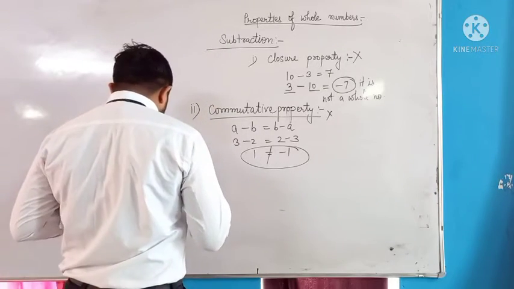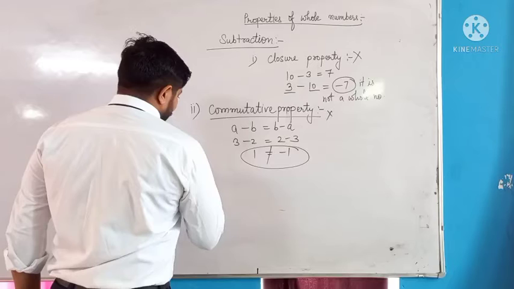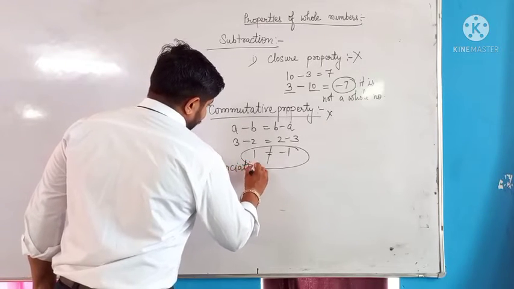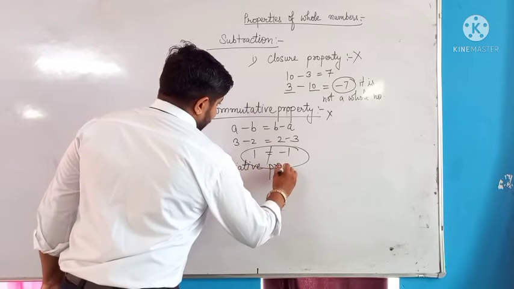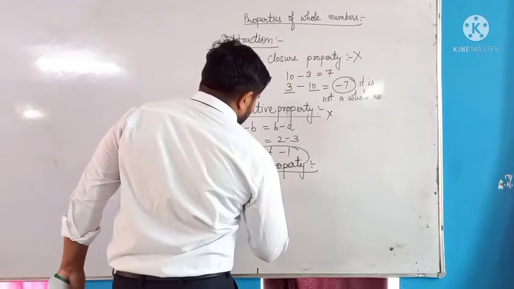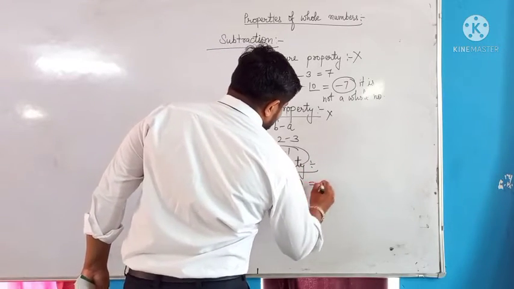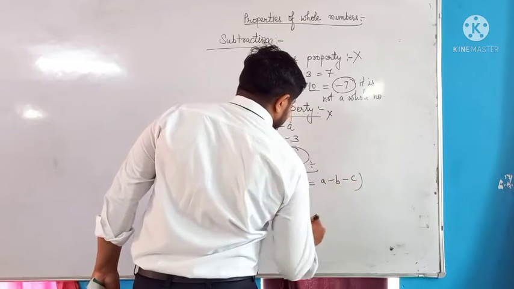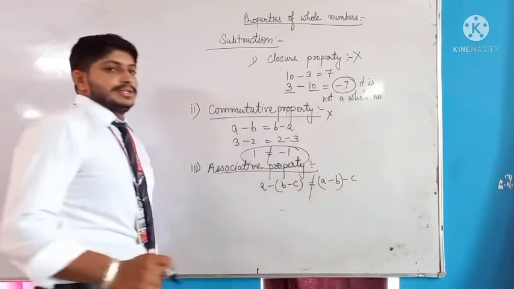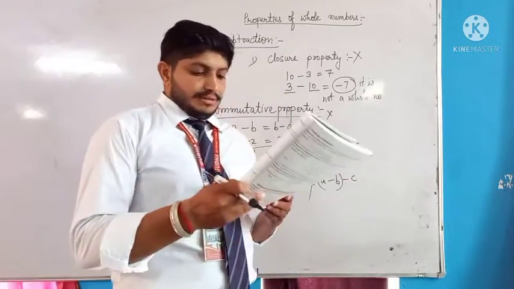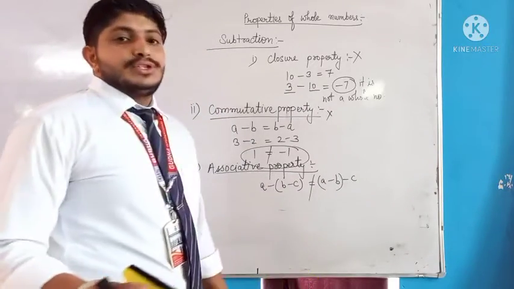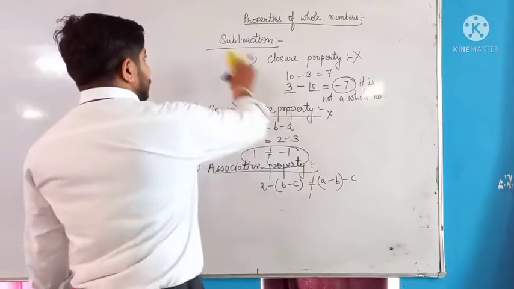Next, associative property, beta. a minus b minus c, grouped differently, also does not hold good, beta, under the operation subtraction. That's your choice, take any whole numbers in place of a, b and c.